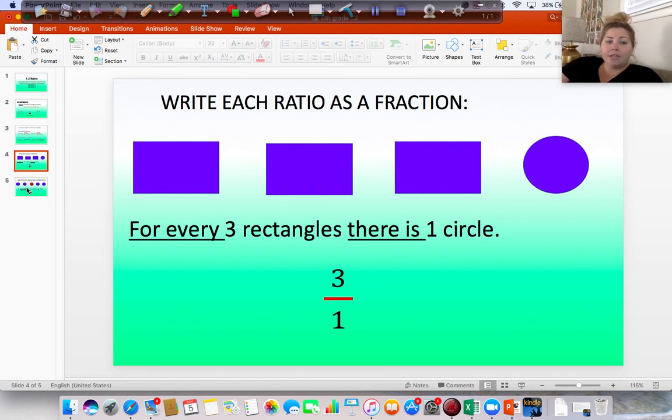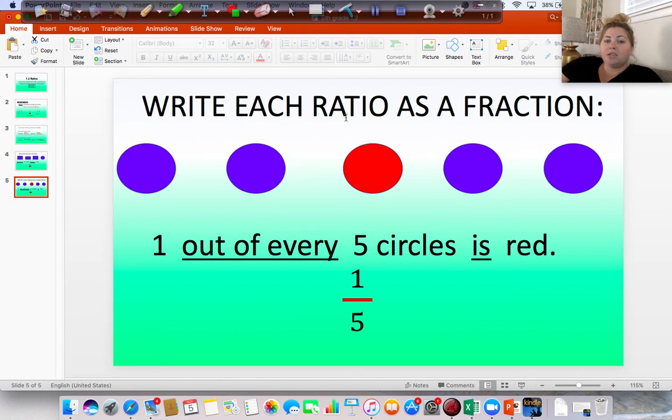All right, now this next one, it says write each ratio as a fraction. We've got 5 circles here, and only one of them is red. So 1 out of every 5 circles is red. We have the "out of every" because all of these are circles. We are just comparing 1 out of the total amount. This is our part to our whole. Okay?